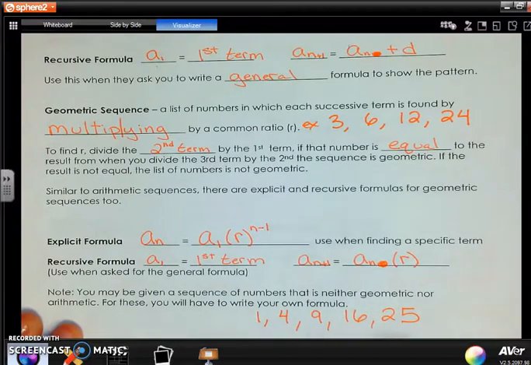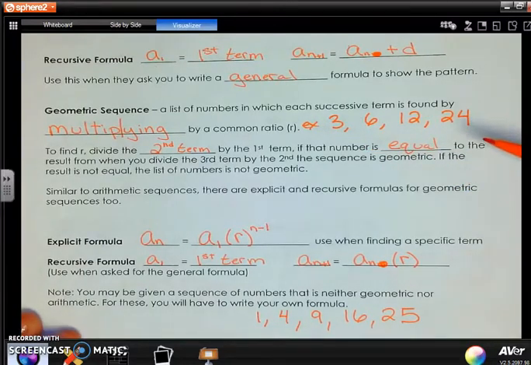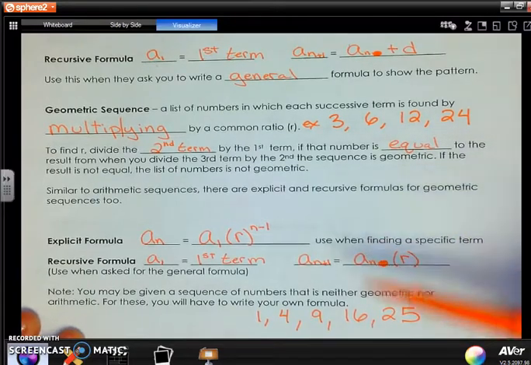So this is an example of a sequence of numbers that is not geometric or arithmetic. Here, your formula would just be n squared, right? 1 squared is 1, 2 squared is 4, 3 squared is 9. So that's what I mean by you'll have to write your own formula for that, okay? So again, the first thing you do in this unit is look at your list of numbers and determine, is it arithmetic or geometric? And then from there, you can apply the formulas.